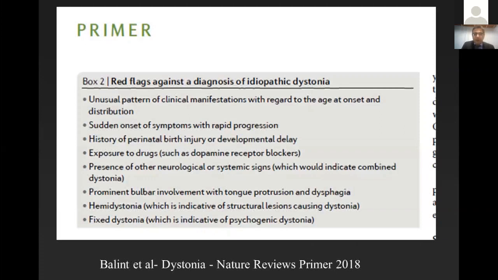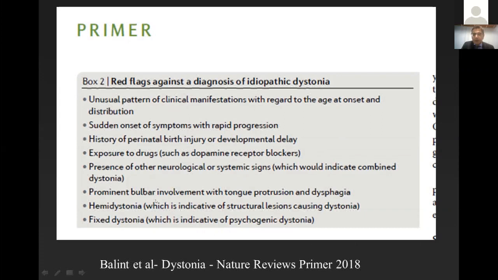So there are a number of red flags against the diagnosis of idiopathic dystonia. The important one is unusual pattern of clinical manifestation with regard to age of onset and distribution. That's what I've been just talking to you about. Sudden onset of symptoms, rapid progression, exposure to drugs, presence of other neurological or systemic signs, a lot of bulbar involvement. So primary dystonia usually does not affect the bulb.